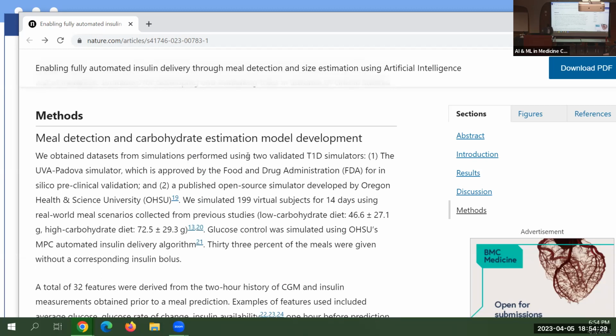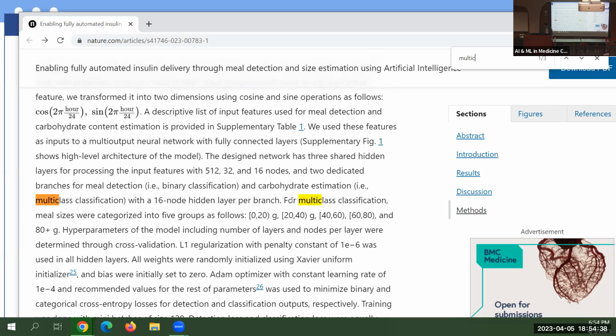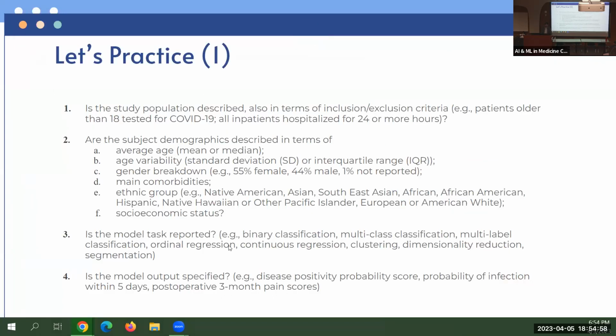Is it multi-classification? Okay, there we go. Yeah, so exactly. For meal detection, they've used binary classification. And yeah, I see online as well, same thing. For meal detection, they've used binary classification, and for carb estimation, they've used multi-class classification. And then they go into details of what they've done for each one of those models. But yeah, the model task is reported. So they get the score of that.